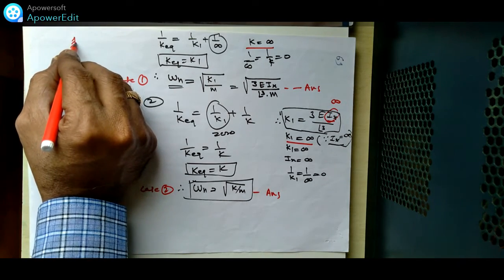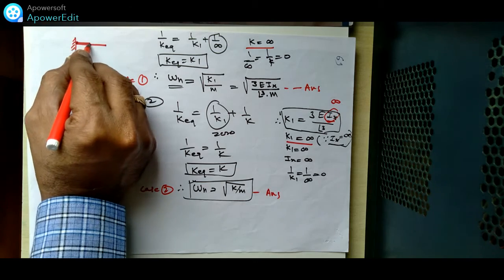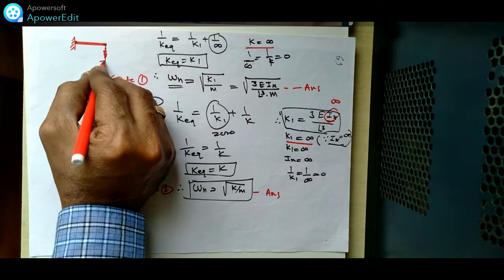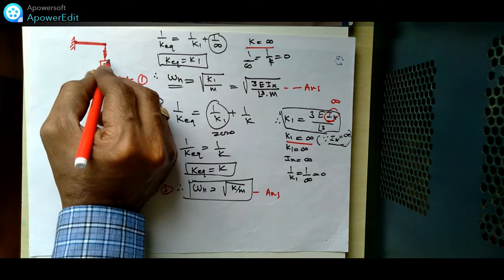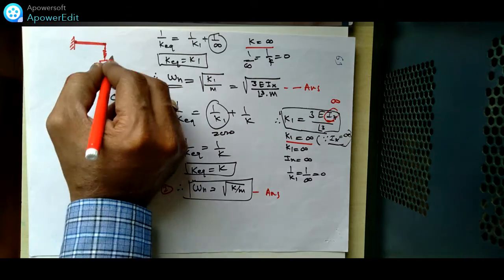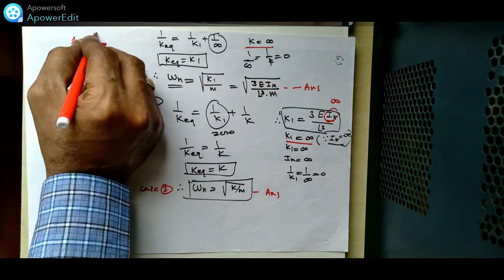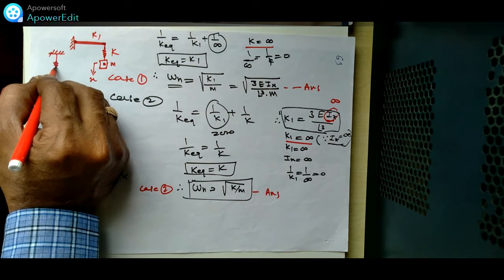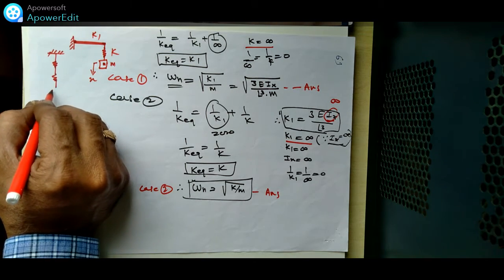I will show you. This is your cantilever beam, and here is the spring and the mass m, displaced by x. So this is k and this is k1. These two springs are in series.